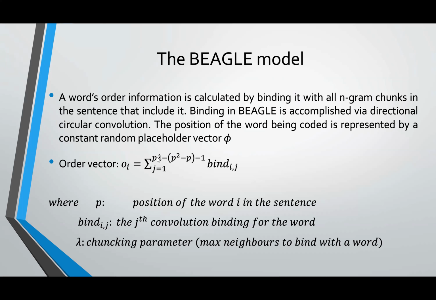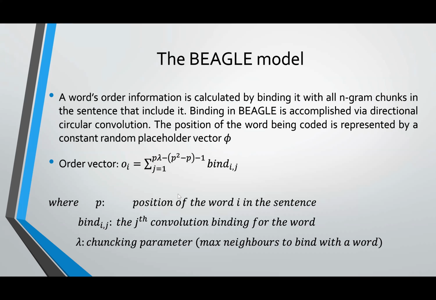Each word gets a special order vector, like a fingerprint. The vector depends on its position and the n-gram chunks it's part of. The p is the position of the word in the sentence. The lambda here is a simple parameter tuning how much we care about the word's position.